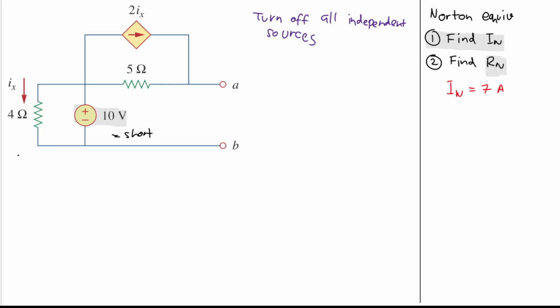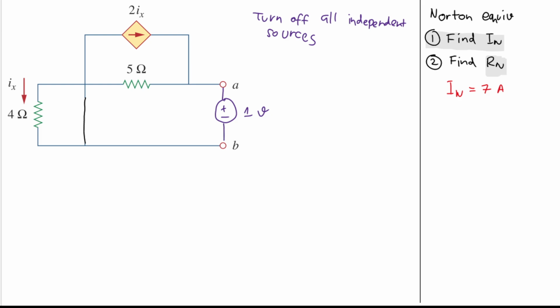After we short this voltage source, we need to put a dummy source in the terminal AB because we have dependent sources. So we will use a 1 volt dummy source.